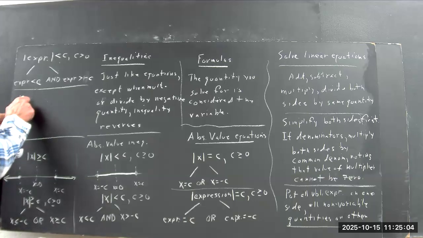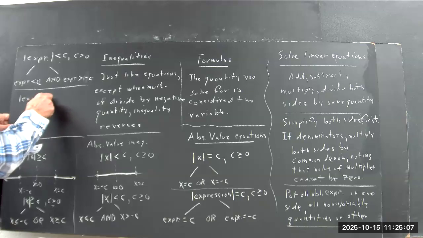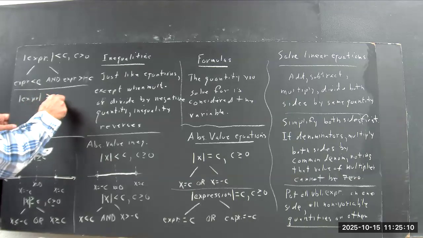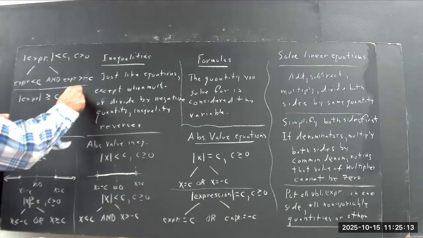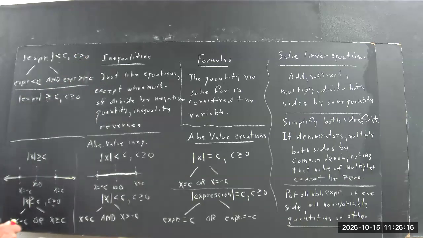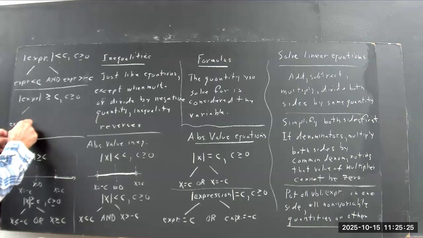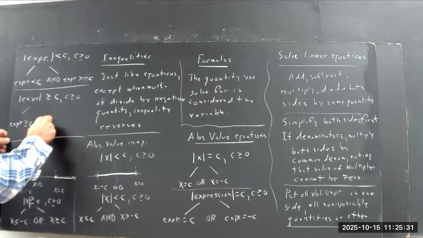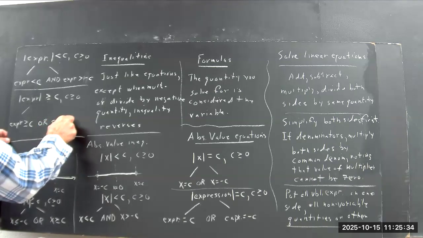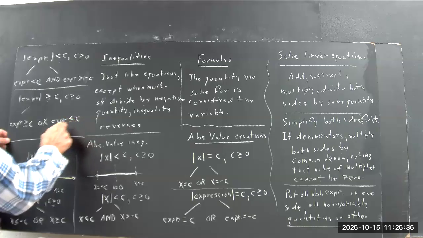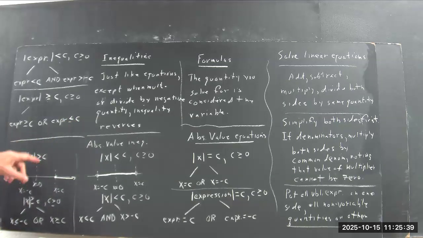Okay, an absolute value of an expression greater than or equal to C, where C has to be greater than or equal to 0, breaks into whatever that expression is greater than or equal to C or less than or equal to negative C, by the same logic we used for just x.